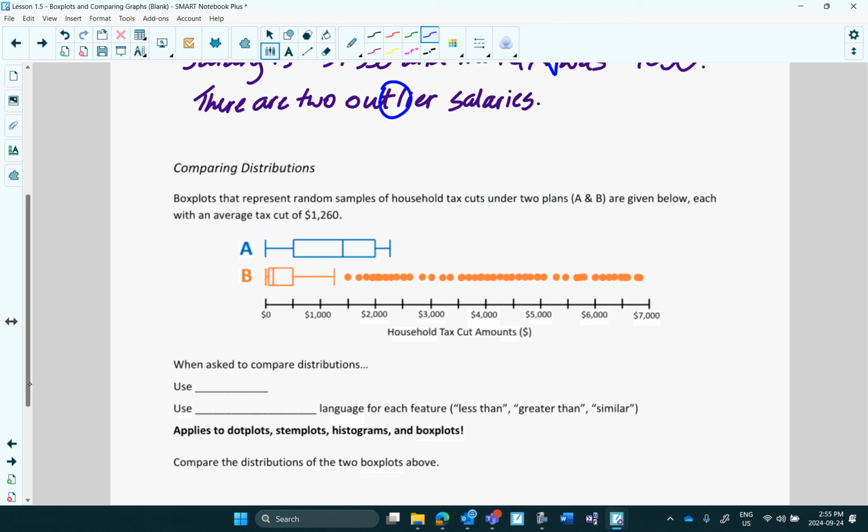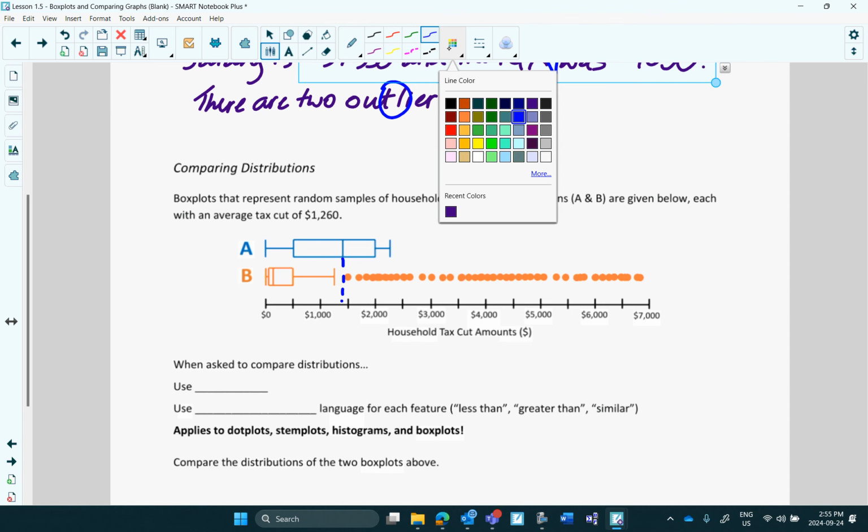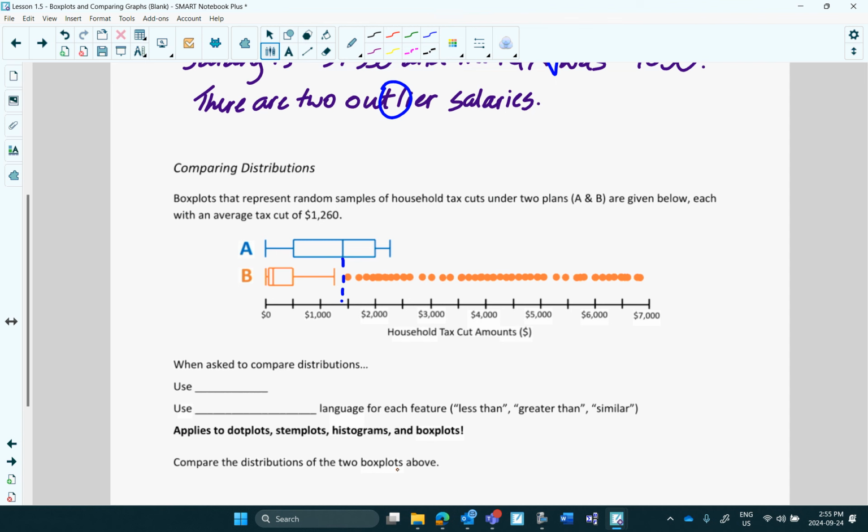Maybe a little less than 1,500, so maybe 1,400 or something like that. What's the median in B? Yeah, like 200 bucks.